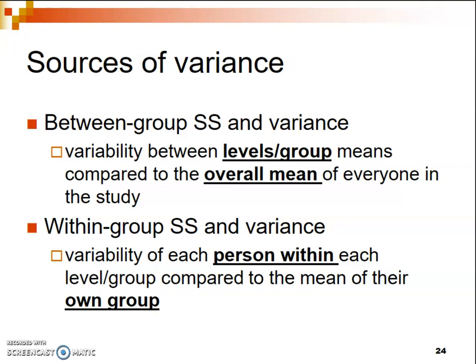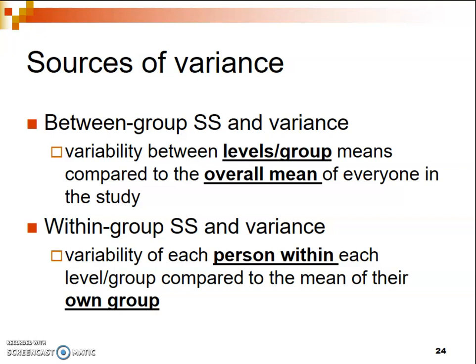For example, between group variance and sum of squares is measured by comparing how the average level of aggression in the cold room compares to the average level of aggression in the entire study. So it looks at how each of those different rooms compare to each other.